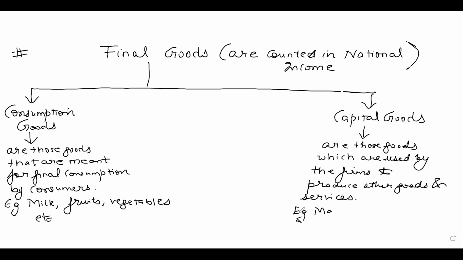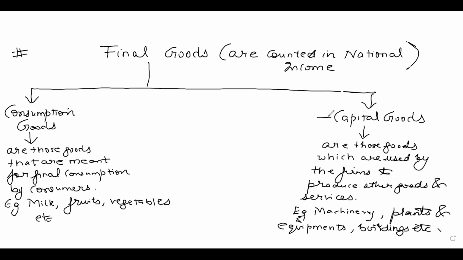Example: machinery, plants and equipments, buildings, etc. Students should know that capital goods are also called investment goods.